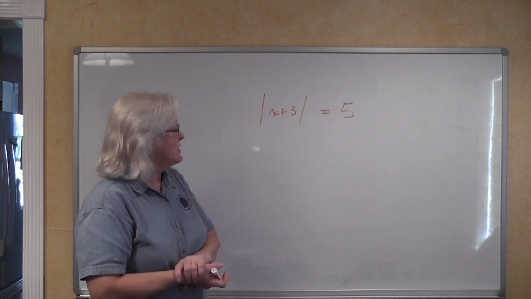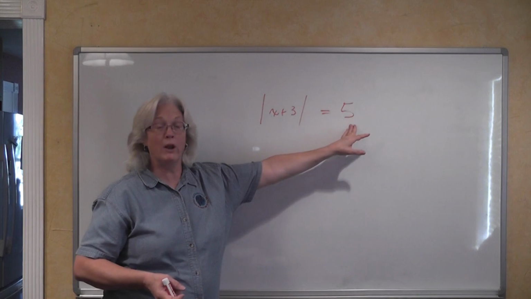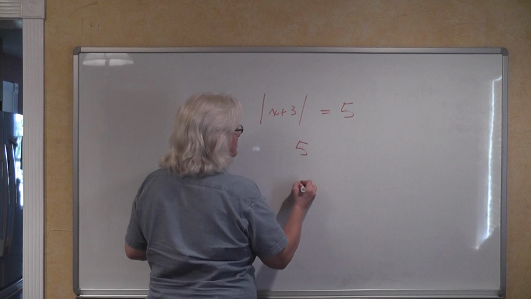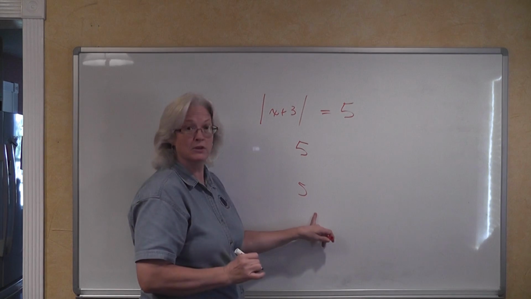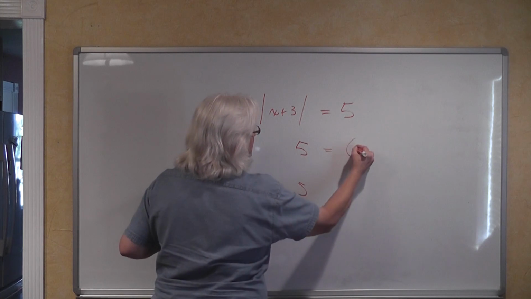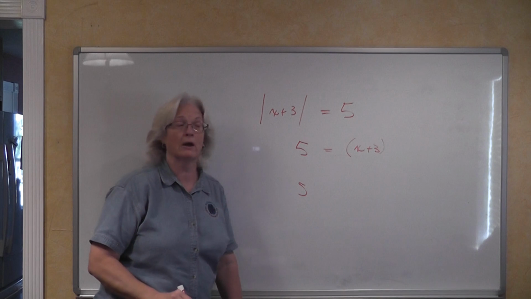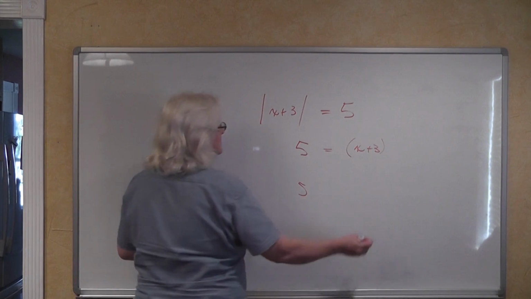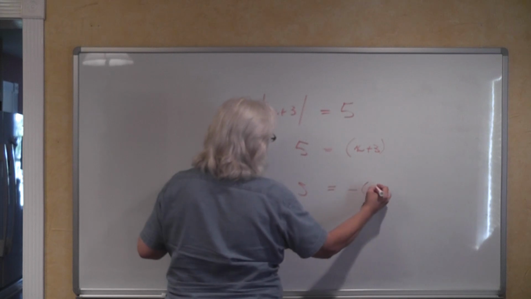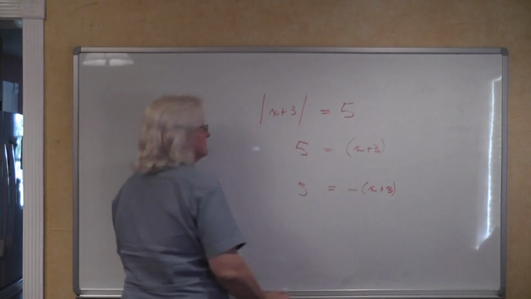And what we just said was that for this one answer, 5, there were two possible solutions. Either it was going to be equal to everything that was inside those absolute value bars, or it was going to be equal to the opposite of everything that was inside those absolute value bars.